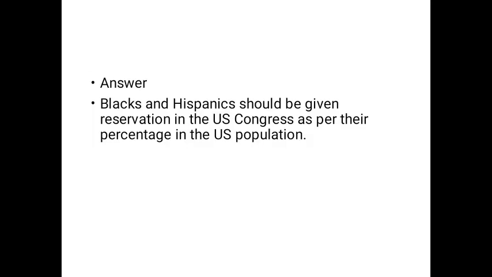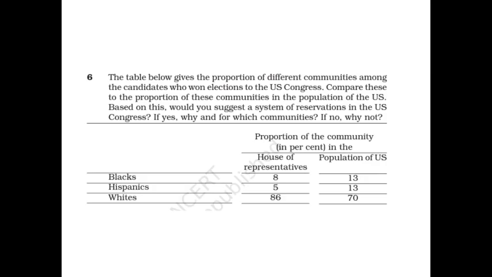The answer to the question is that blacks and Hispanics should be given reservation in US Congress as per their percentage in the US population. When we compare the proportion of population in the US, the majority are whites at 70 percent, and both blacks and Hispanics comprise 13 percent. So these minority people need to be given reservations in the House of Representatives or US Congress.